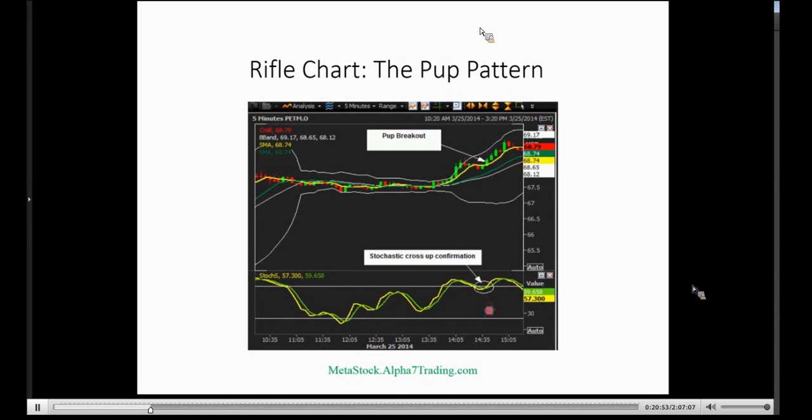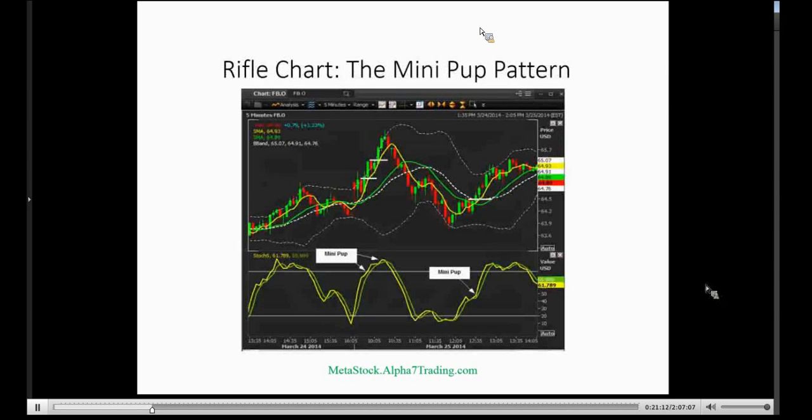That's the best case scenario for the bears. For the bulls, they want to suck in the bears a little bit and then get that cross and break out for the next leg up. And that's called a pup breakout. Turn this upside down and you have what's known as an inverse pup breakdown.